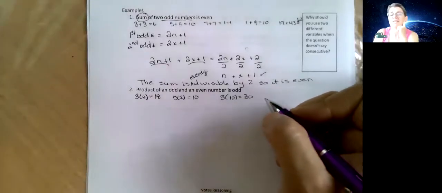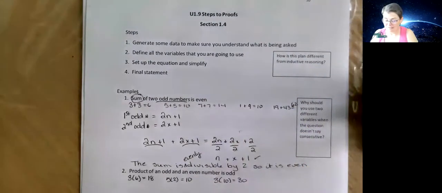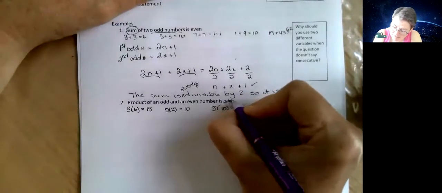Okay, so you remember at the very first stage I said, bring it back. Generate some data to make sure you understand what's being asked. And then I added, or see if the question has a mistake in it. Well, clearly this one does. So let's get rid of this.